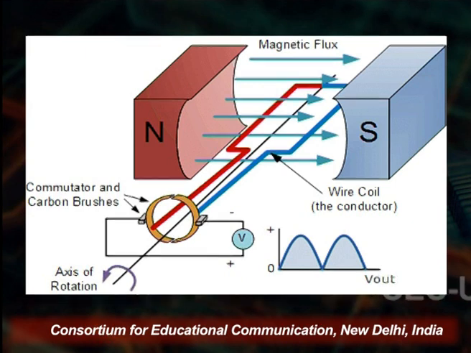What are the losses in the DC generator? The input power is not fully transformed into output power in the DC machine. Some part of the input power gets wasted in various forms in the DC generator. Losses are broadly classified into 4 types.